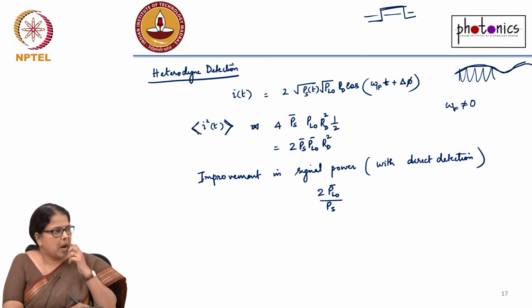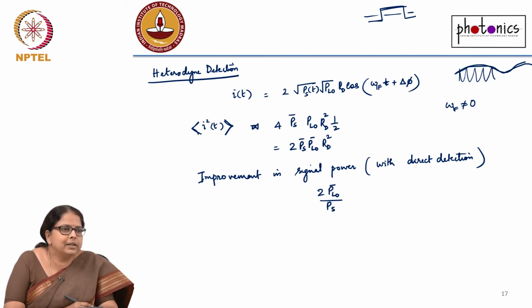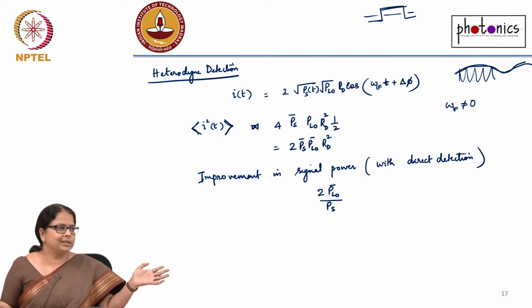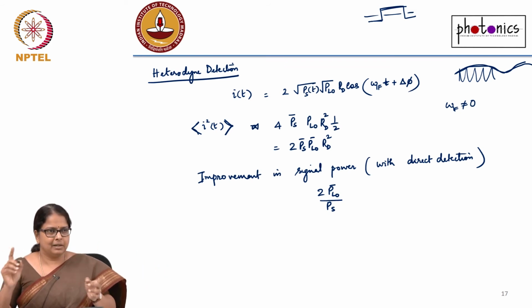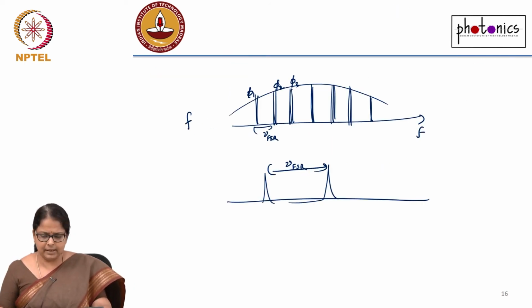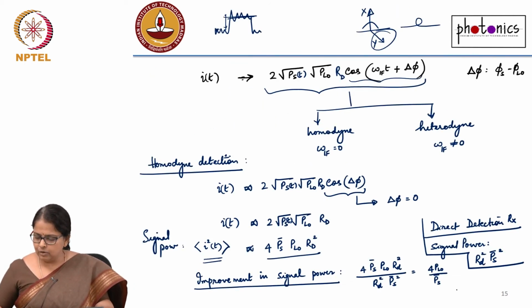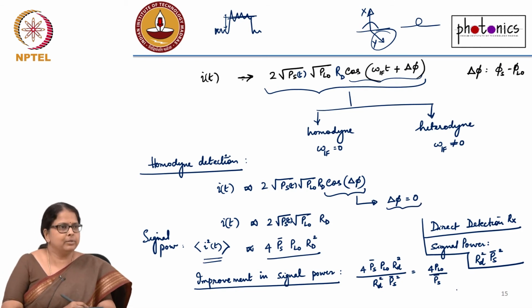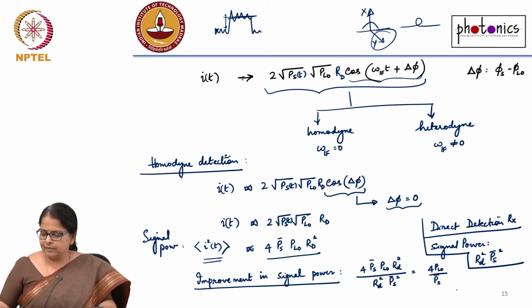detection. But what is the advantage of the heterodyne detection? I do not have to worry about locking my local oscillator with that of the signal and so on. See, another subtlety in locking is that, I very easily said that delta phi should be maintained as 0. What is this delta phi? Delta phi is phi s minus phi LO.